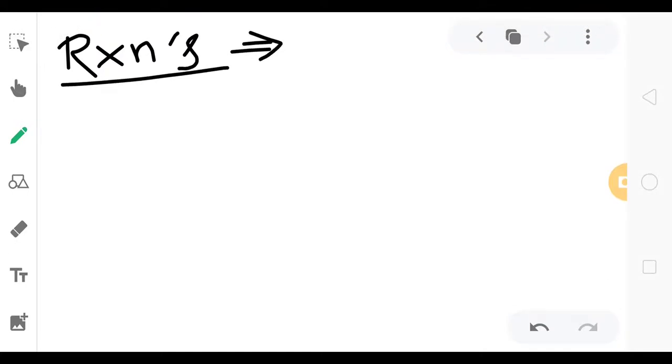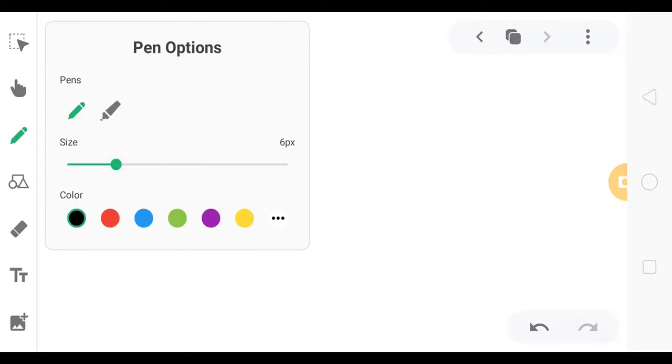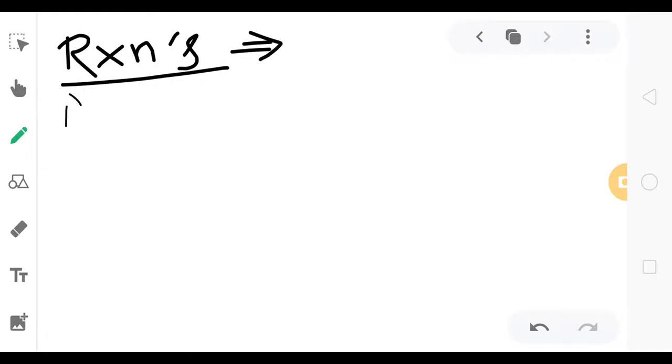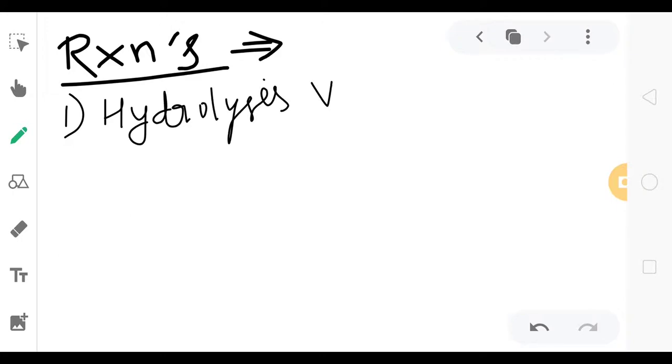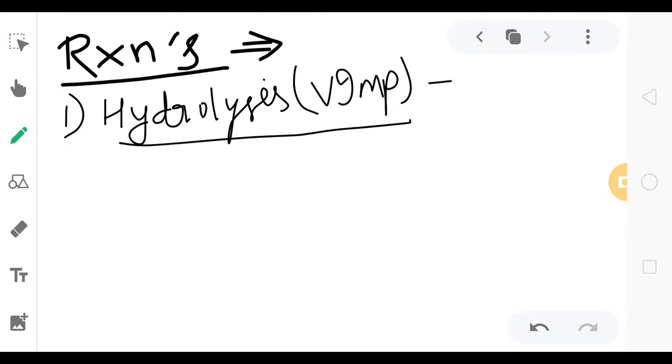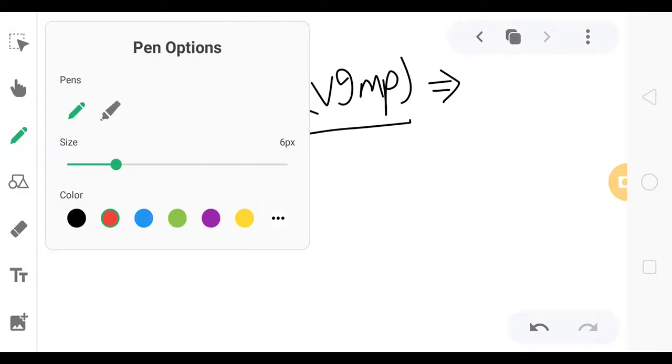Now the first reaction, that is hydrolysis. Very important. Mark it guys, very important. So what is the reaction?